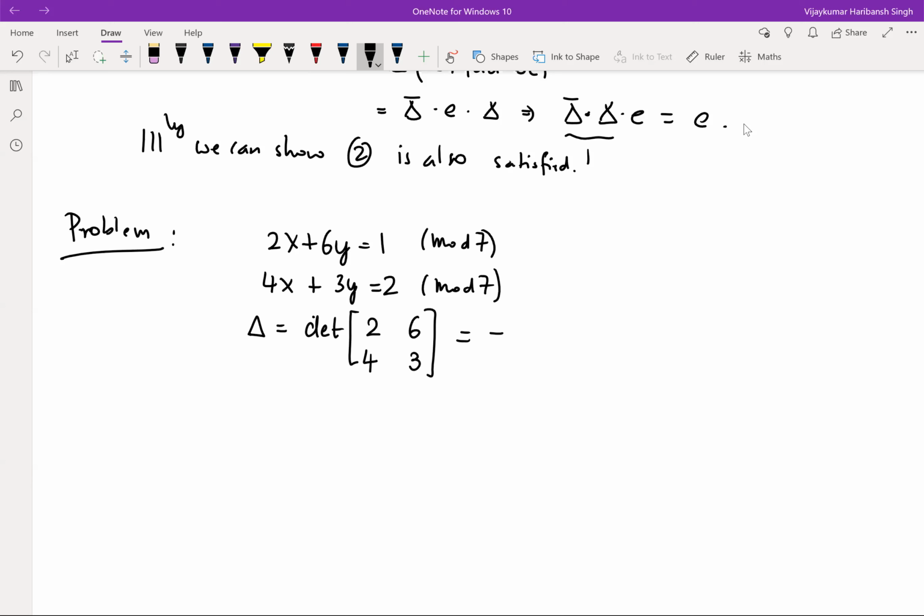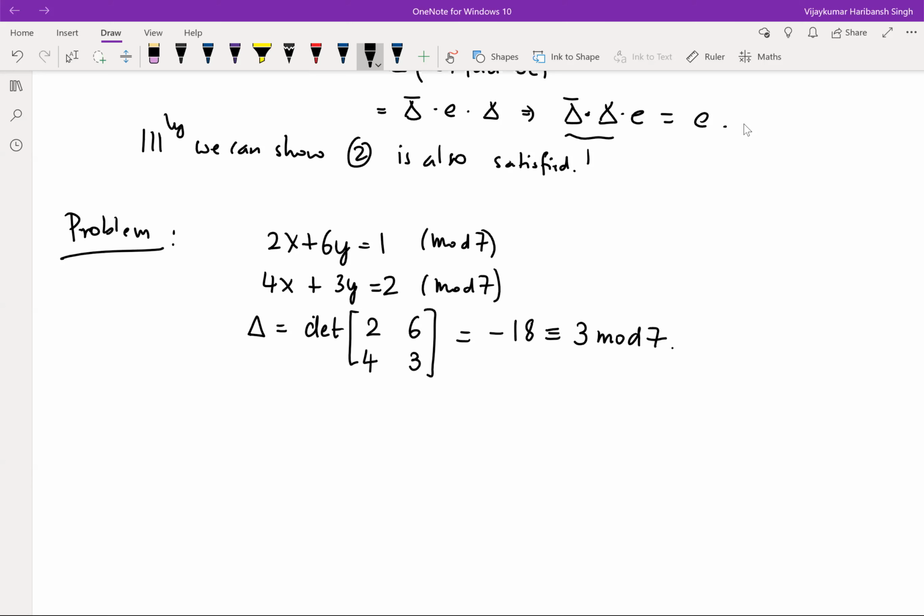And which is congruent to 3 mod 7, right? Because minus 18, you add another 3 to it, it will become 21. So you have minus 18 plus, so minus 14 minus 4, and minus 4 is congruent to 3 mod 7.